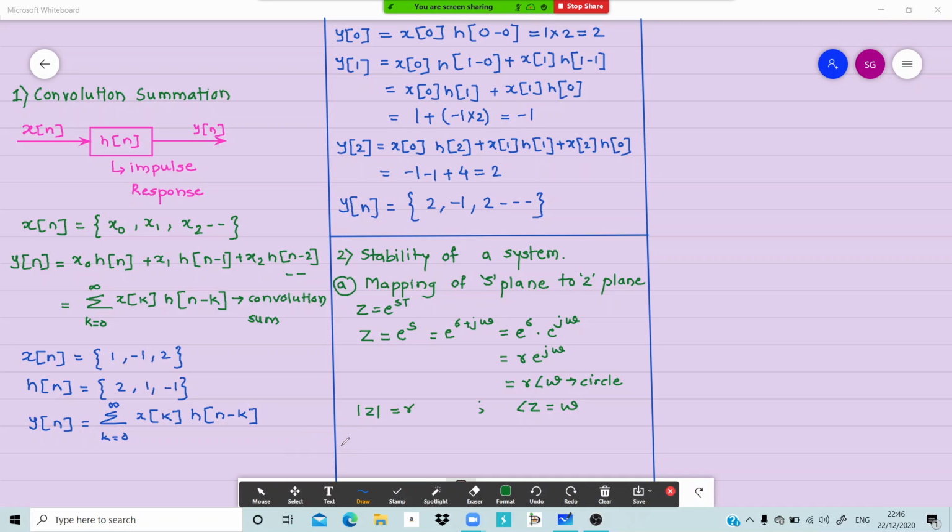So let us see, I'll write it over here. If I'm talking about the S-plane and the Z-plane, okay, 3 main things are there. If your s is minus infinity, that means extreme left, I'll write.